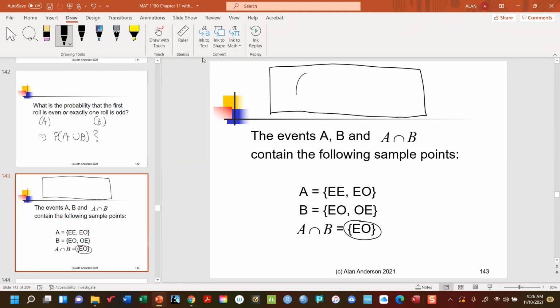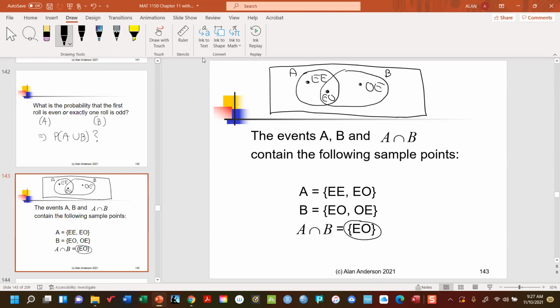I'm actually going to show these points. That way you can see that those three elements are in the union, but the EO is in the intersection.